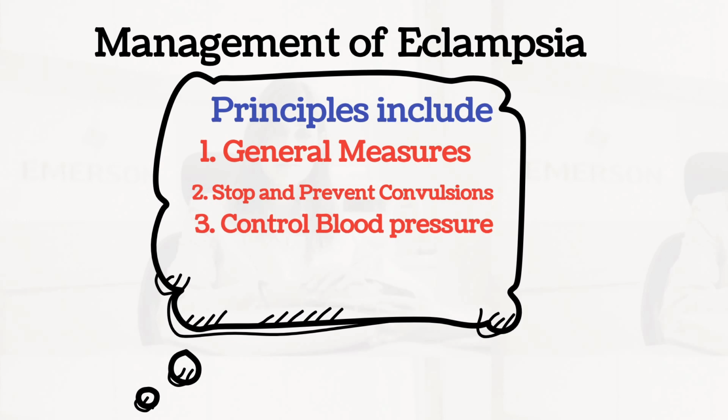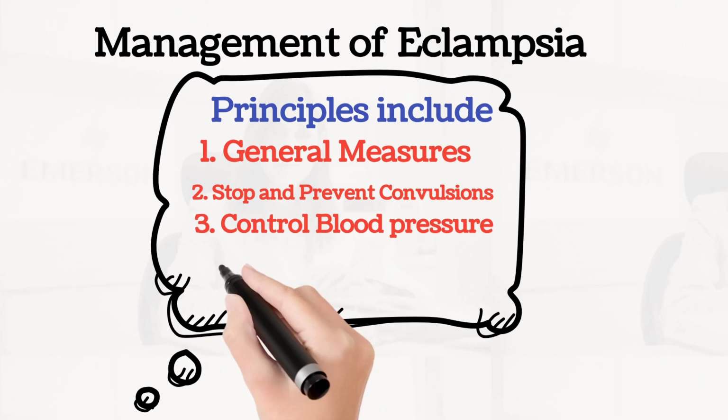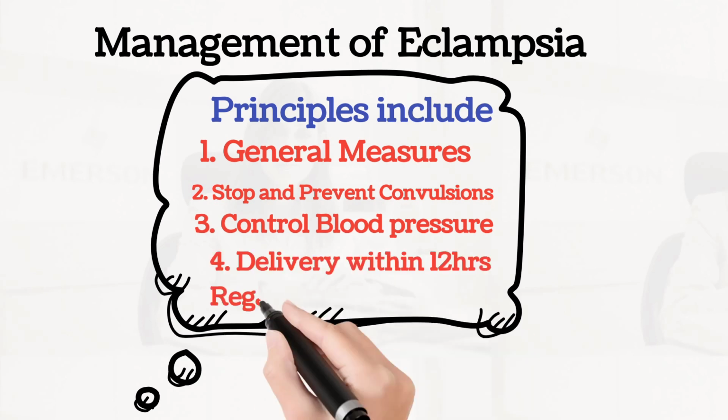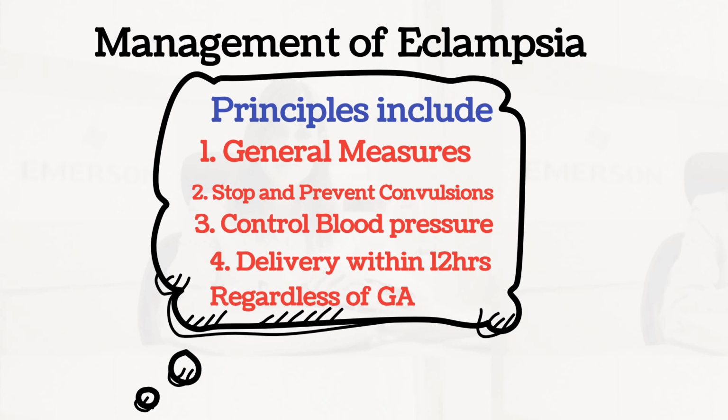Then the other principle, number 4, which is the last principle, says you have to deliver within 12 hours regardless of the gestational age, or within 12 hours from the last fit. So that's the other principle of management.